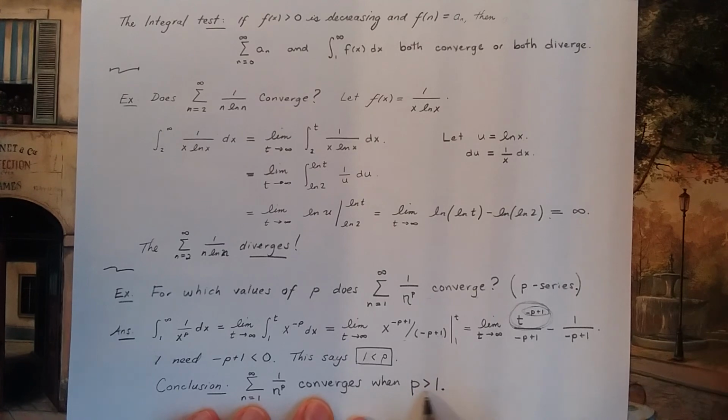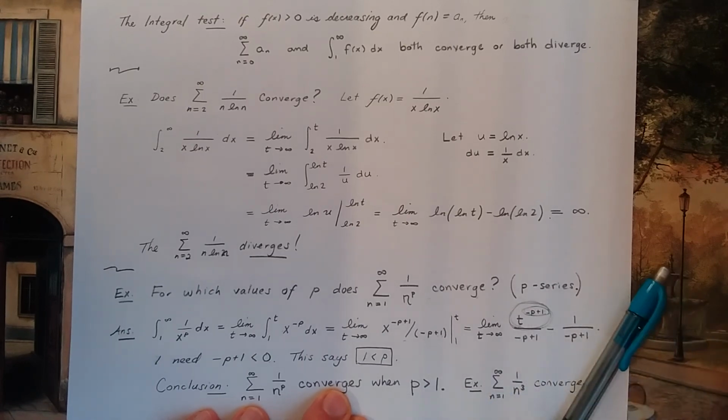It diverges if p is less than or equal to 1. So as one brief example, the sum n going from 1 to infinity of 1 over n cubed converges because the power p here is 3. Okay, wonderful.